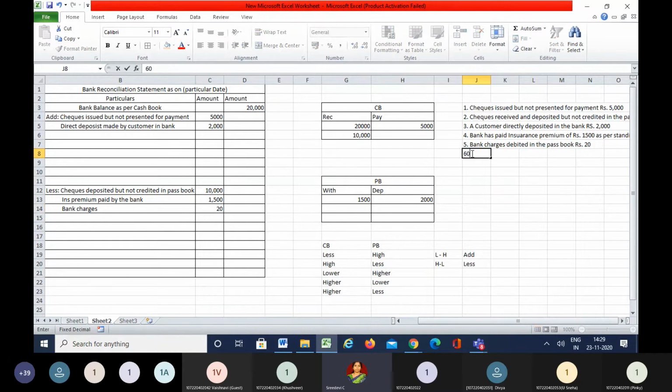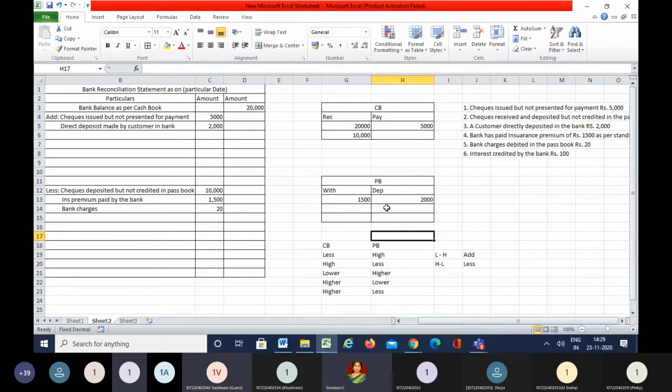Okay, and one last transaction I would like to give. Interest collected by the bank. Instead of collected, I'll say credited by the bank. If it is credited, on which side of the passbook? Credit, deposit side.